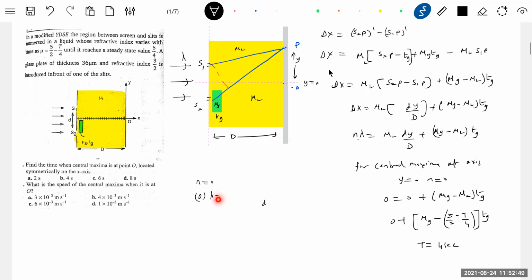I should write one equation. Then I'll differentiate. N lambda equal to mu l, which is given as 5 by 2 minus t by 4, into Tg. Let's differentiate. This is 0.